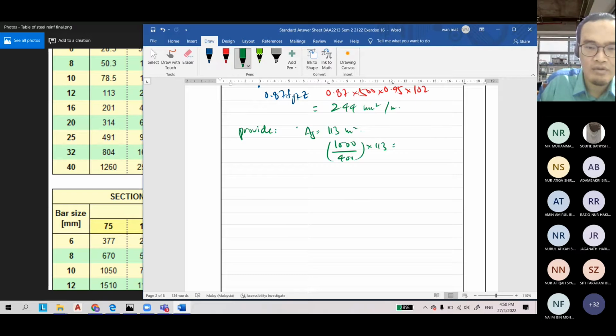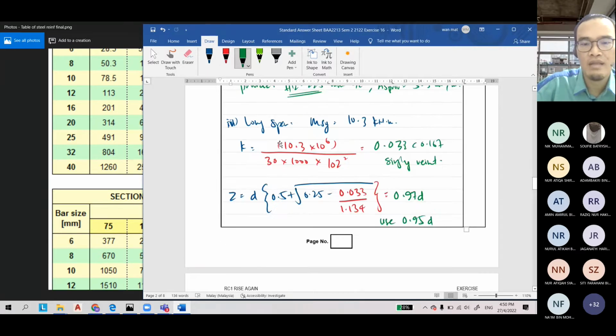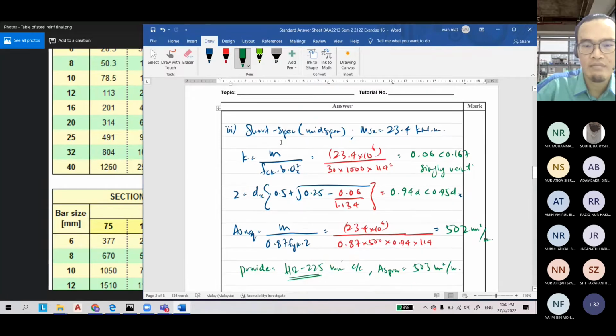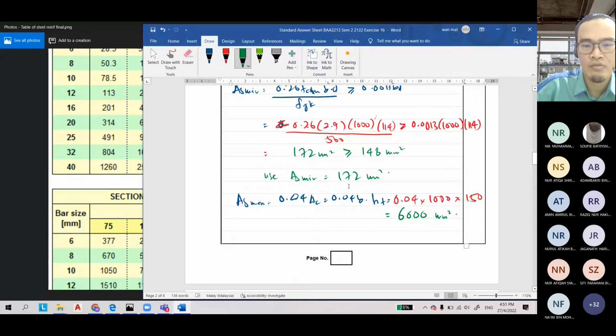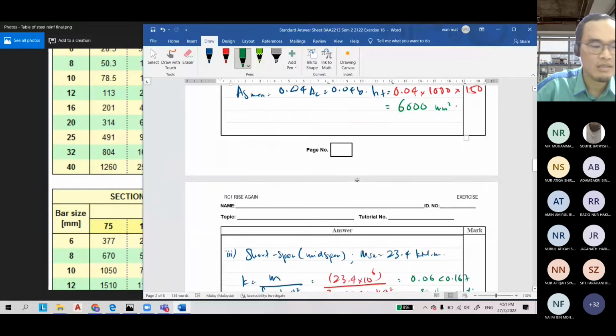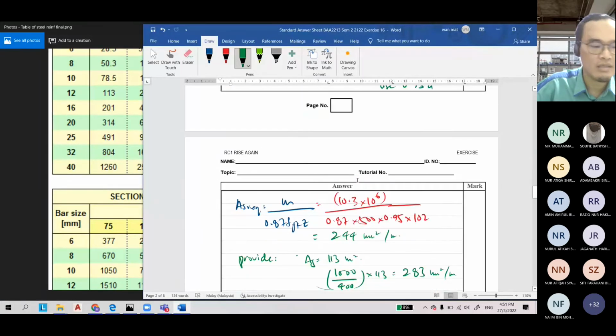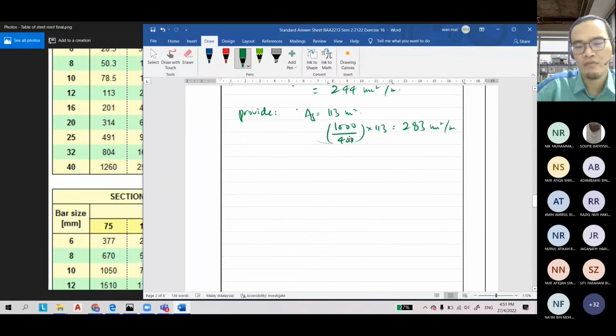Recall back what I taught you about this one. 283 millimeter square per meter, and this one is still larger than the As minimum, 172. So we have larger than As minimum, and still the maximum is 400 because this is not the secondary bar.